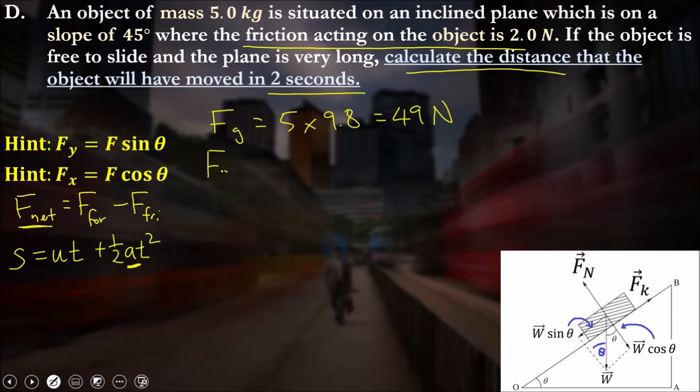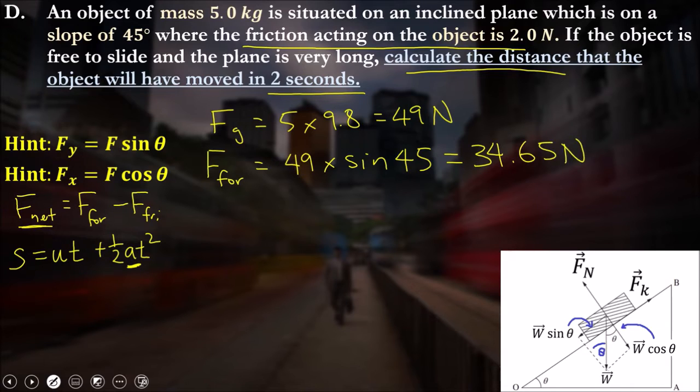We want to find out the forward force, and that is going to be 49 times sine 45, which is 34.65 newtons. Okay.